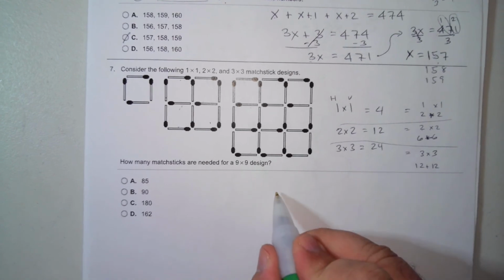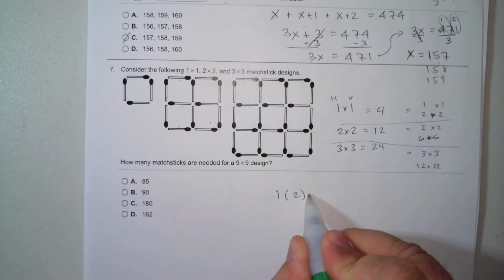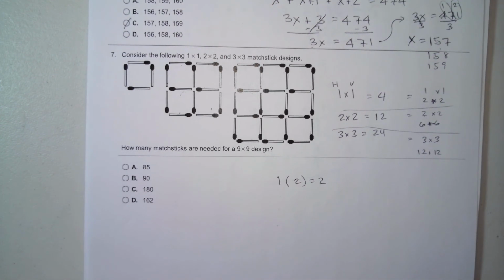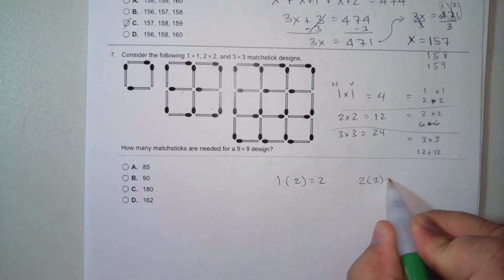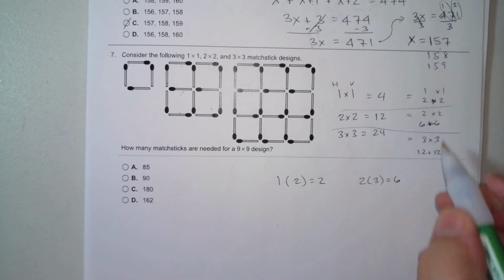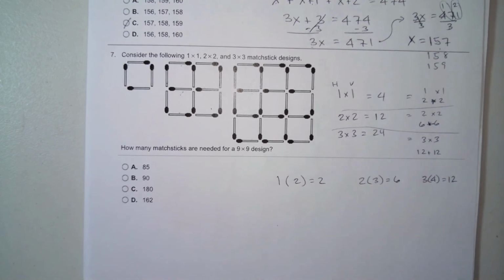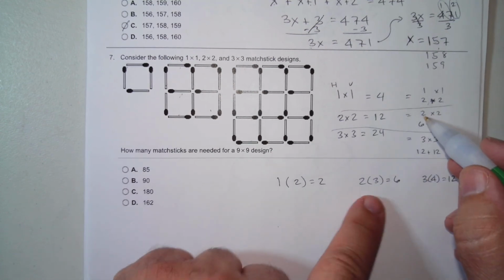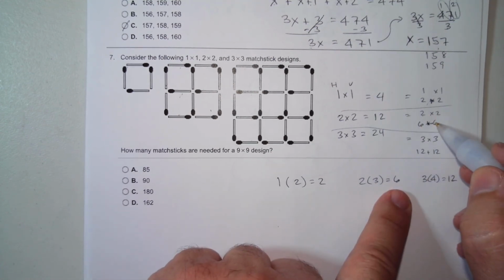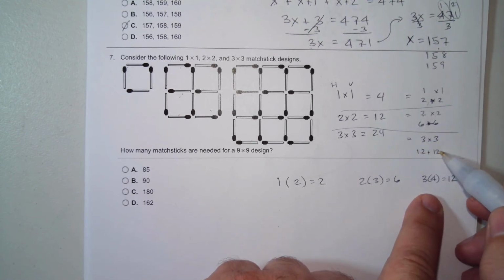It looks like 1 times 2 equals 2, 2 times 3 equals 6, 3 times 4 equals 12. So 1 times 2 is 2, 2 plus 2 is 4. 2 times 3 is 6, 6 plus 6 is 12. 3 times 4 is 12, 12 plus 12 is 24.